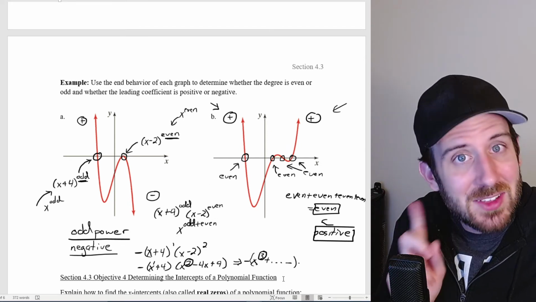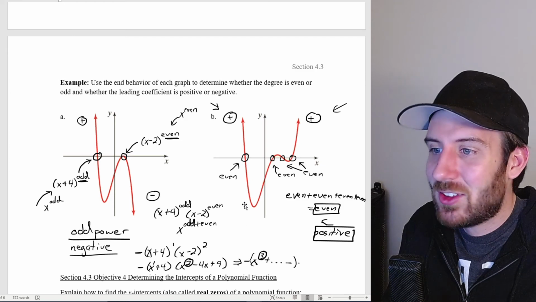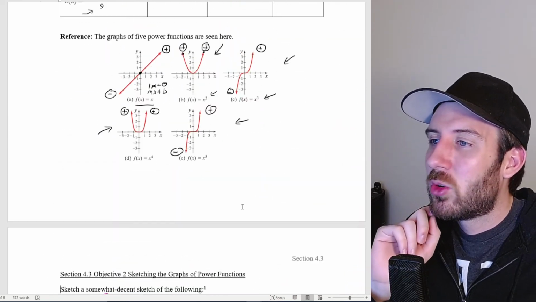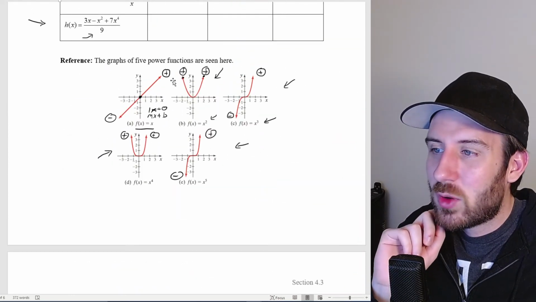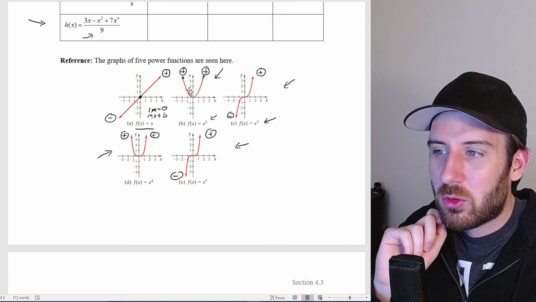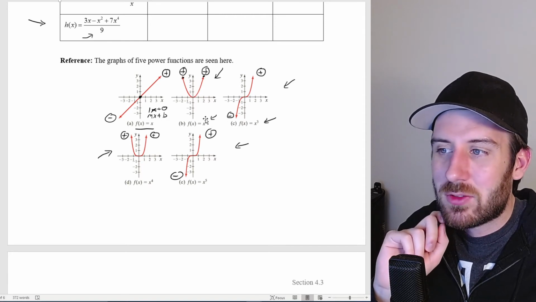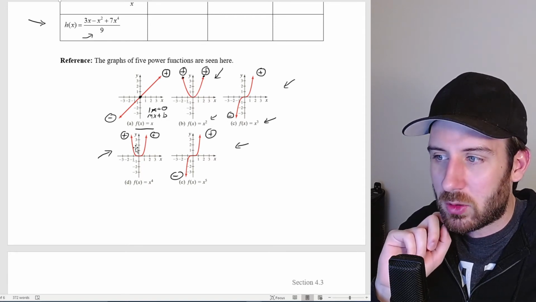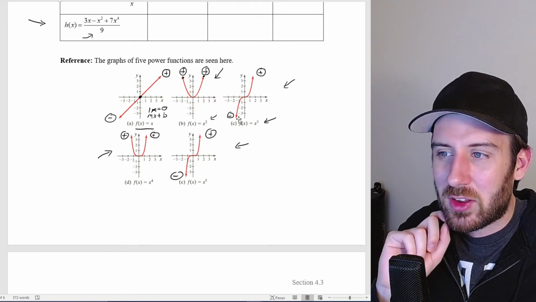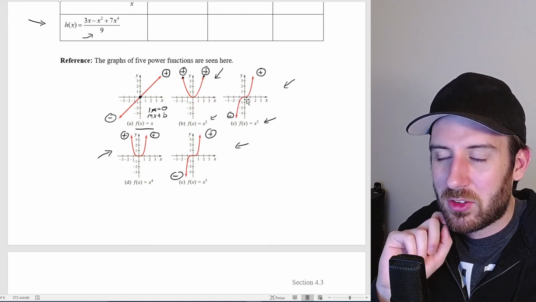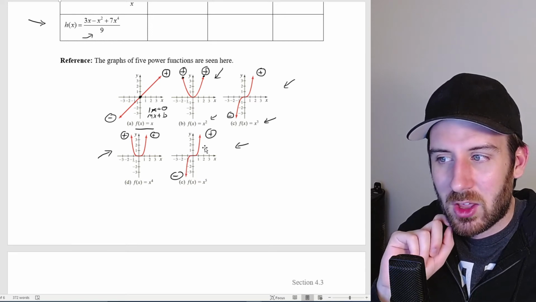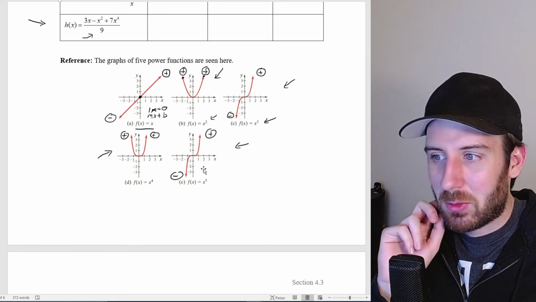Oh, did you notice that there's even one more pattern? Take a look at this one here. If we went back up to our references, if we have one hump, then that was almost like I was going to have an even graph that goes along with it, one hump going with an even graph. But here, this x to the third was almost like I had one hump and then a second hump for my x to the third. And for the x to the fifth, I've got two humps that are kind of appearing here.